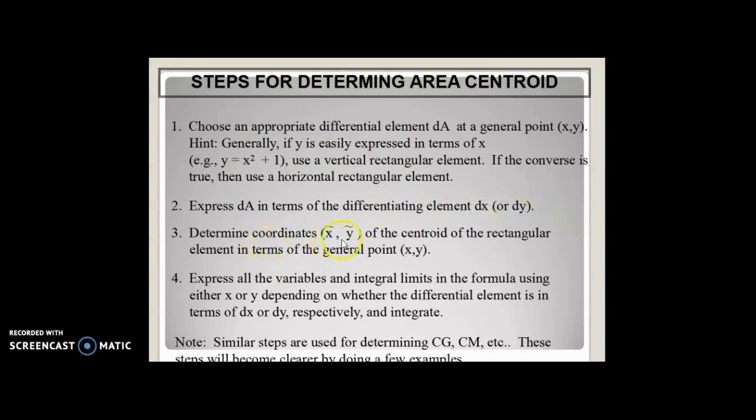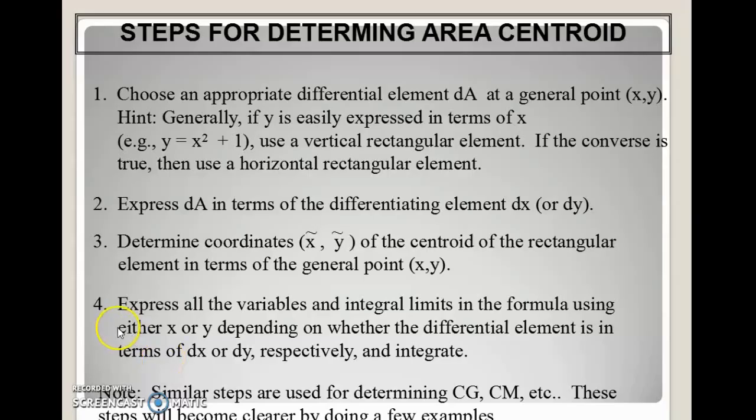Then determine x bar, y bar of the centroid of the rectangular element in terms of the general point x, y. The next step is to express all the variables and integral limits in the formula using either x or y, depending on whether the differential element is in terms of dx or dy respectively, and integrate.